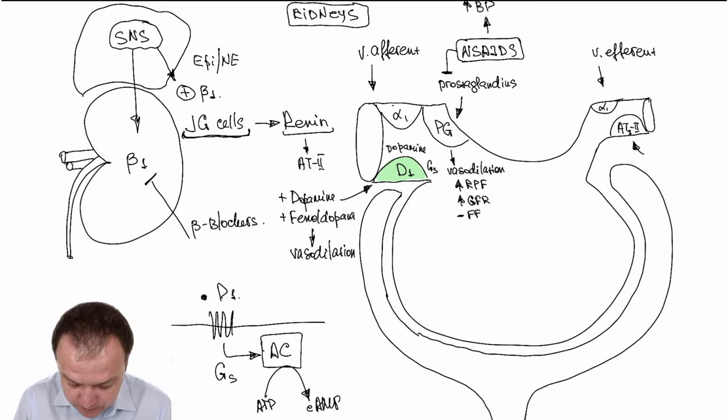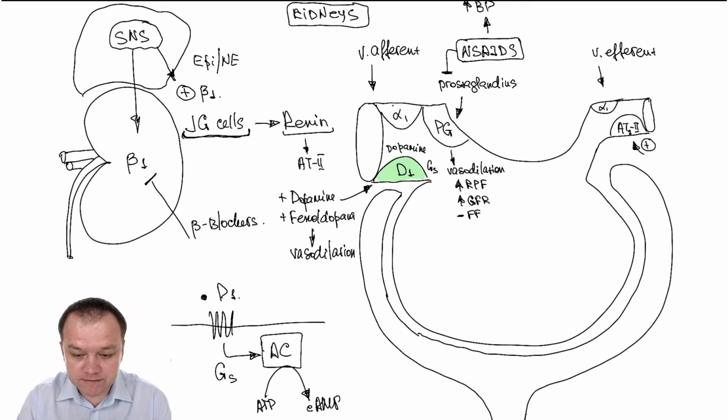Stimulation of these receptors causes vasoconstriction, not only in vas efferent in kidneys, but in our organism in general. As a result, we have a decrease in vas efferent diameter, glomerular filtration rate rises, renal plasma flow decreases, and filtration fraction also increases.